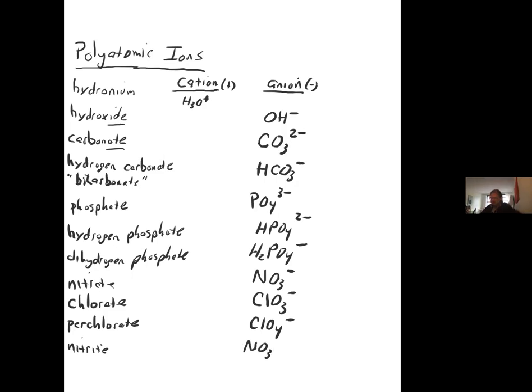So if it ends in ITE, it's an anion, right? So most of these, like I said, are anions. The only ones that are cations are IUM. IUM is positive. Ide, ate, ite are negative. Okay, so there's nitrite. Okay, there's also, let's do chlorite.